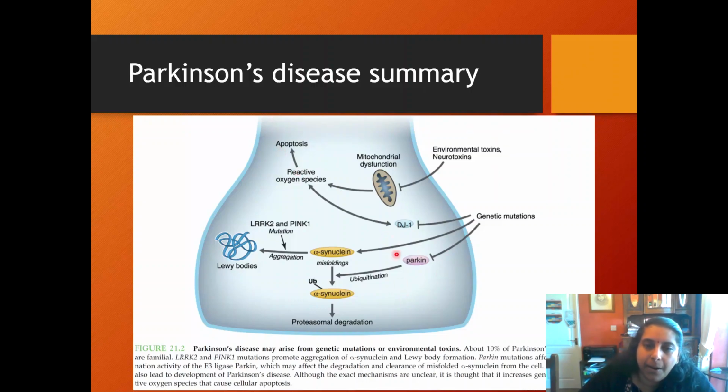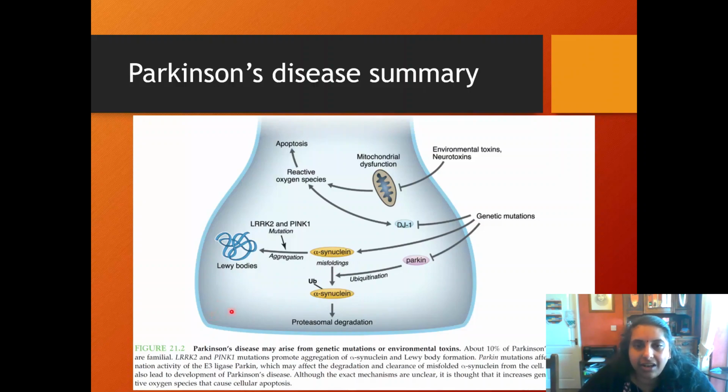It's unclear. Parkin may be ubiquitinating alpha-synuclein to cause it to be degraded by the proteasome. LRRK2 and PINK1 might be affecting the aggregation of Lewy bodies. They might be phosphorylating alpha-synuclein. Alpha-synuclein itself can be increased, and that can cause defects, misfolding, and the Lewy bodies.